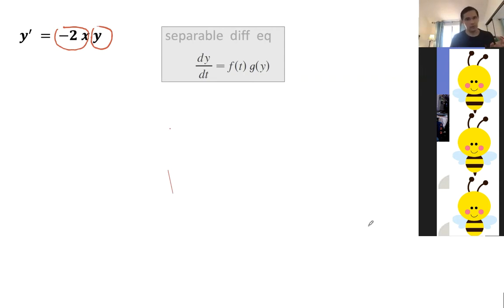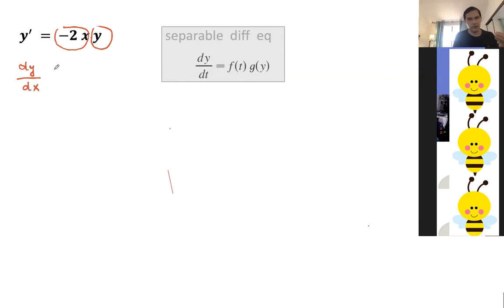So how do we solve a separable equation? Very simple. Let's write this equation in this convenient way. So we'll say the derivative of this function y with respect to x. Sometimes they use t as the independent variable, and sometimes x, all the same. So I'm going to just rewrite this differential equation in this way. y prime is the same as dy over dx.